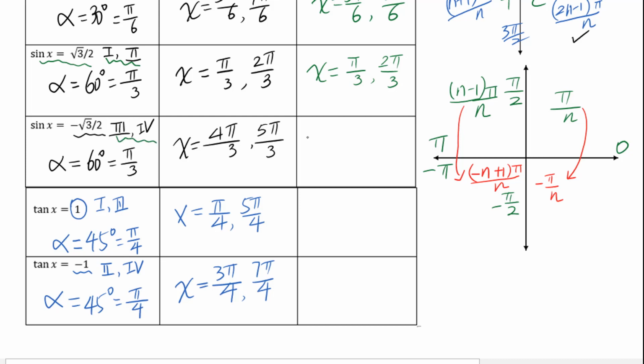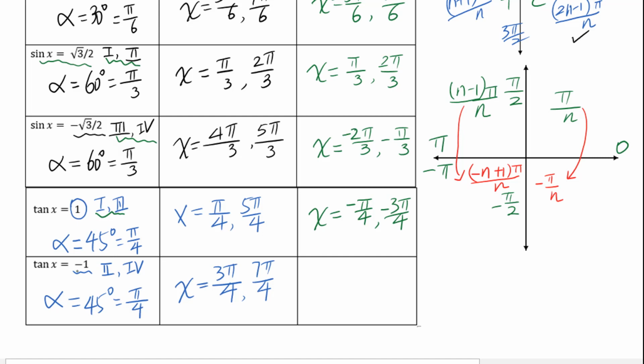For third and then the fourth quadrant, you will get negative 2 pi over 3 and negative pi over 3. For tangent x equals 1, first and then the third quadrant, you will get x equals negative pi over 4 and negative 3 pi over 4.